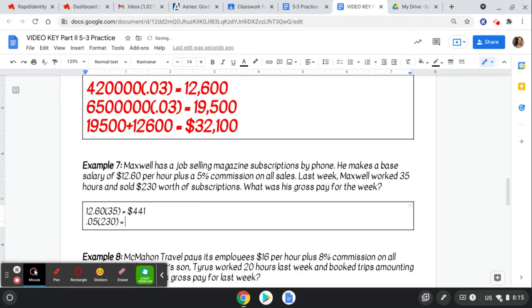So 0.05 of his 230 in sales is a big $11.50. What do you think? Is that worth it?